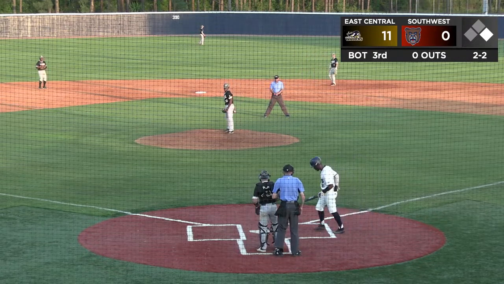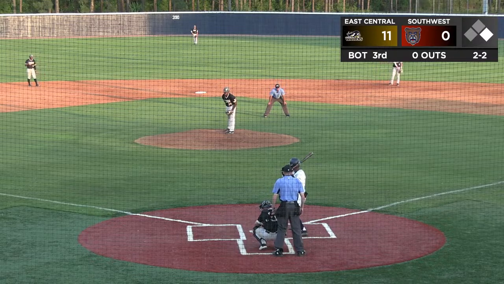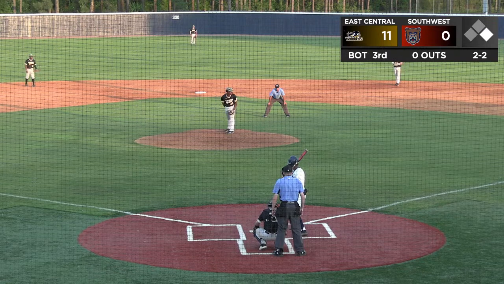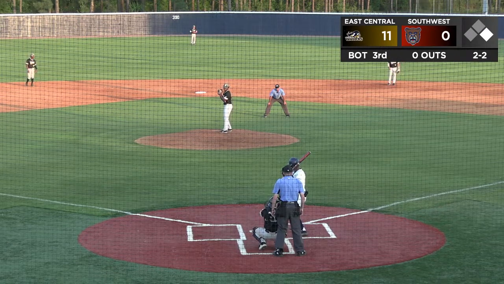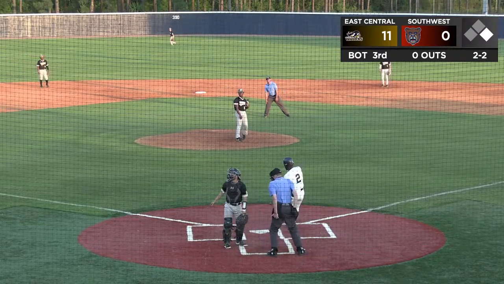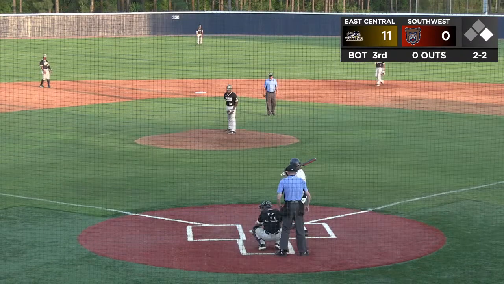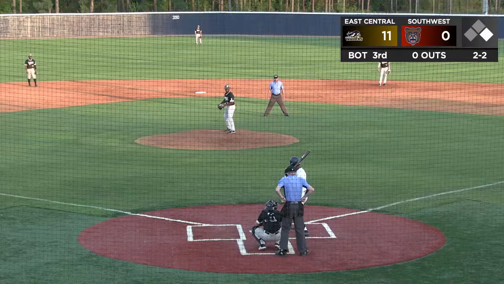A 2-2 pitch will be due him. 2-2 is fouled out of play. So the count even now to Johnson. It's another 2-2 pitch to him as he battles Simmons.